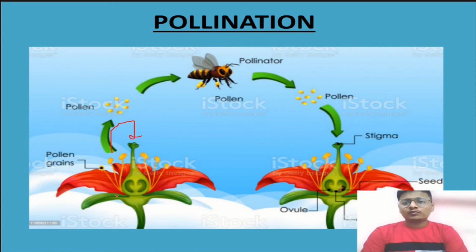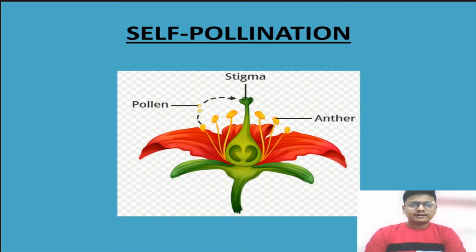So let's see what is self pollination. In the diagram also you can see the pollen grains coming from the anther of the same flower to the stigma, the female part of the same flower, is known as self pollination.